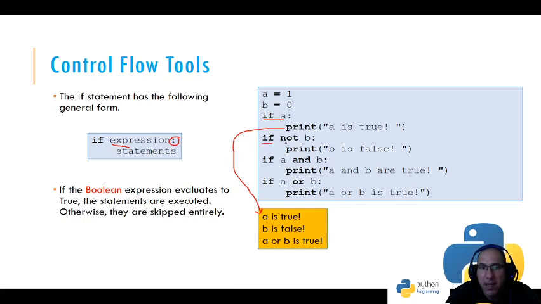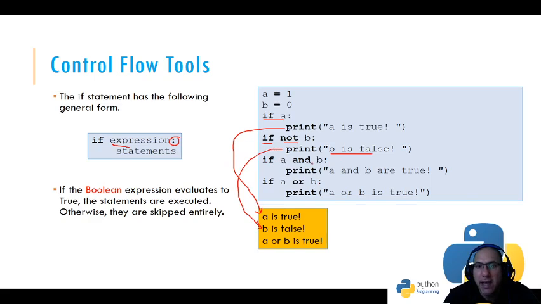This is if not b, b is 0, not b, not 0, a value other than 0. So 0 is false, not false is true. It will print b is false. So we got this printed from here.